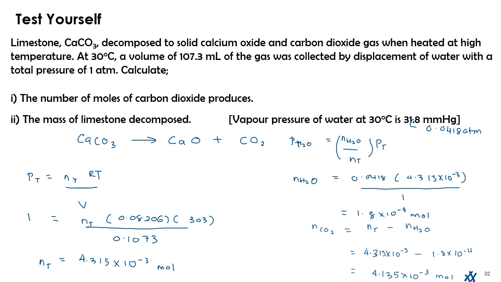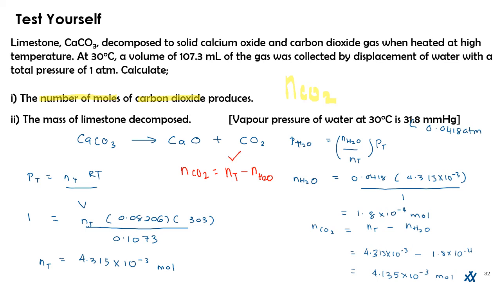Okay, so to find the number of moles of CO2, you want to find nCO2. nCO2 is equal to n total, the total moles, minus moles of H2O. By using this method, first you need to find the total moles.